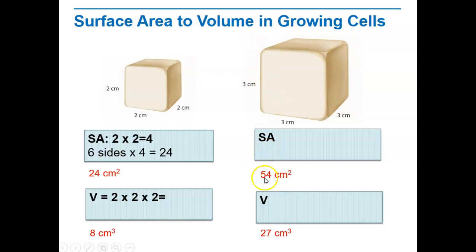This one here would be 54 and 27. As the cubes get bigger, these numbers get bigger also. But the amount the surface area and volume change don't match each other. From 24 to 54, that's about twice as big, but 8 to 27 is closer to 3 times as big.